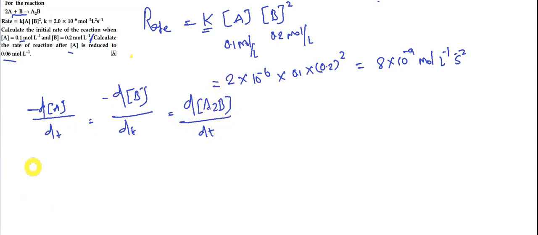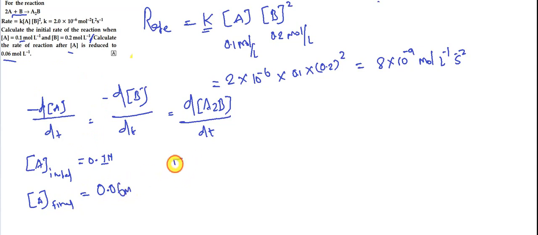So what is the thing given? The concentration of A initial is 0.1. The concentration is 0.1. And the concentration of A final has been given as 0.06 M. Got it?